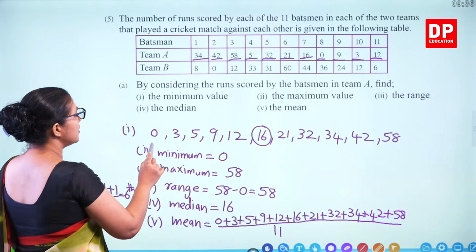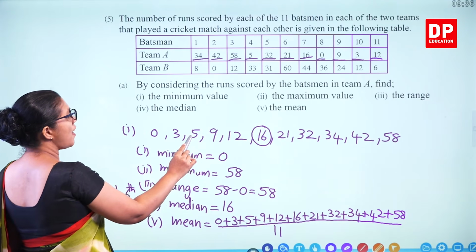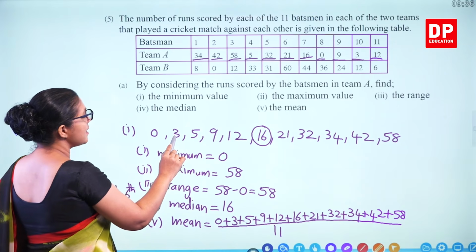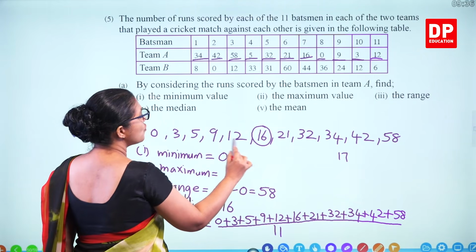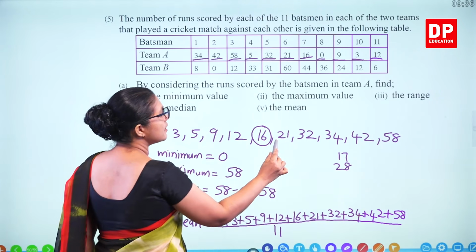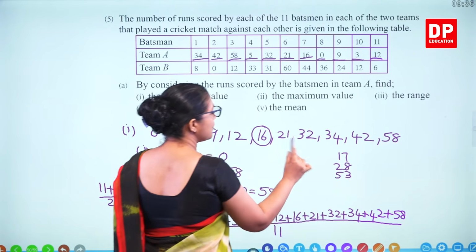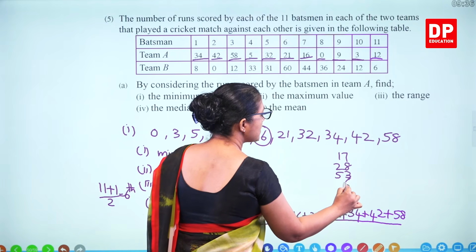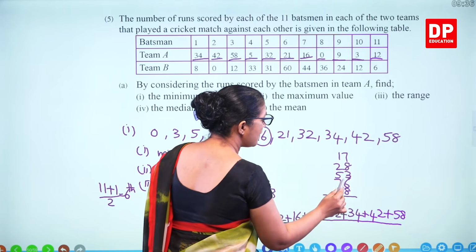I'll add 4 here at once. 9 plus 5, 14. 14 plus 3, 17. Then these two, you get 8, 28. These two, 3, 5, 53. For this one, 42 and 34, you get 6 and 7. And 58 is there. So add it all together.